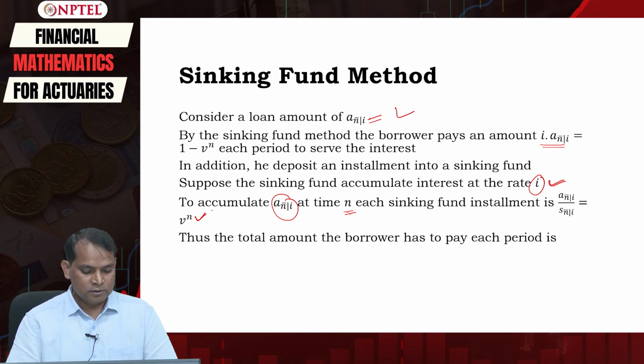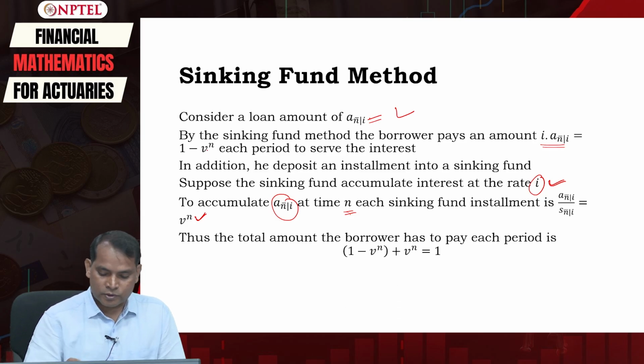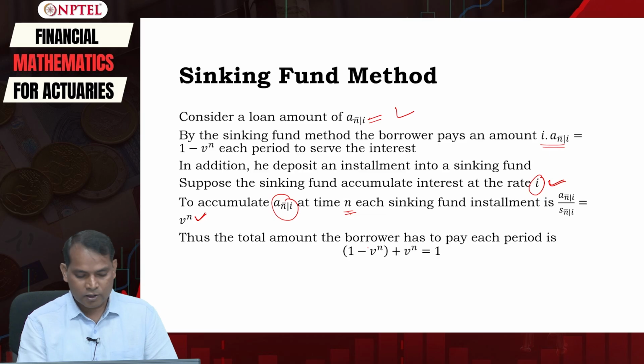Thus, the total amount the borrower has to pay each period is 1 minus v to the power n plus this one.